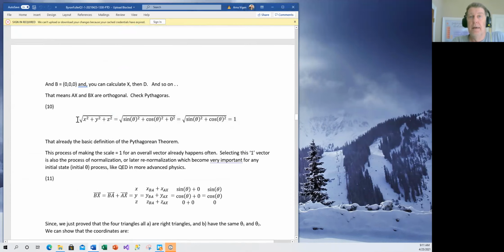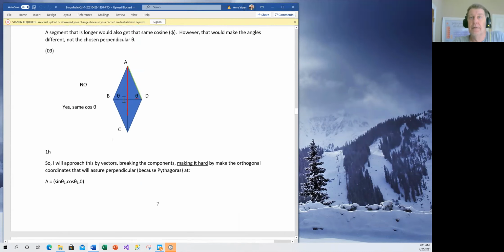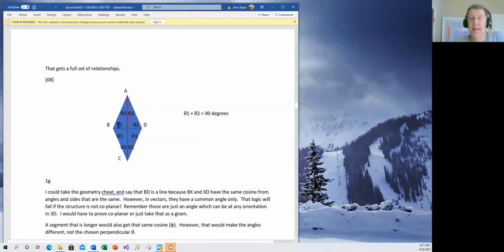So again, if you get x squared plus y squared plus z squared, now z squared being outside, it's on the same plane, so that one is a 0. You then get sine theta, because the sine of that is this one, and the cosine of theta 1 is that one, and the cosine is that.